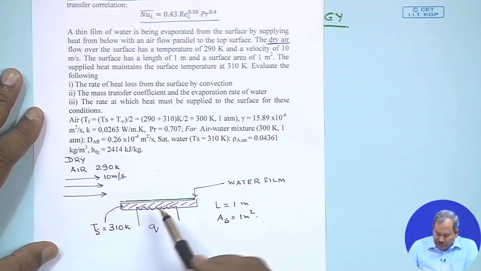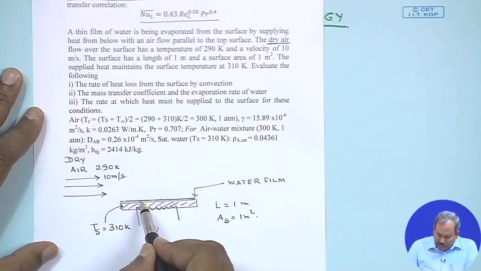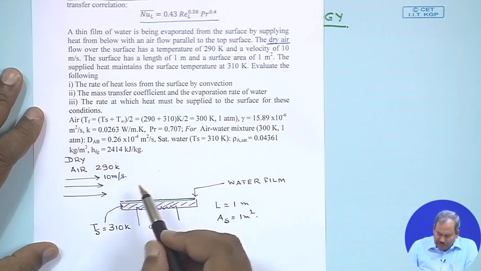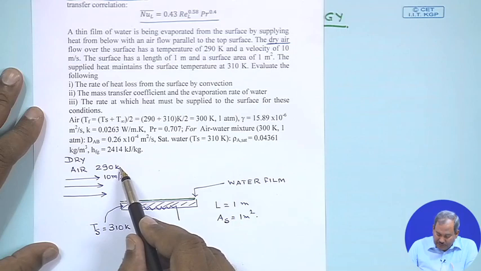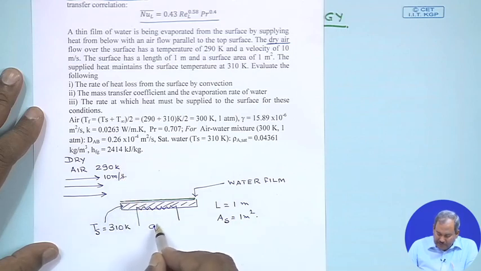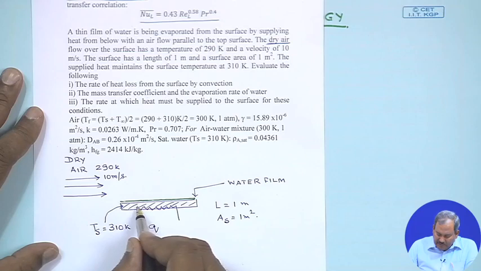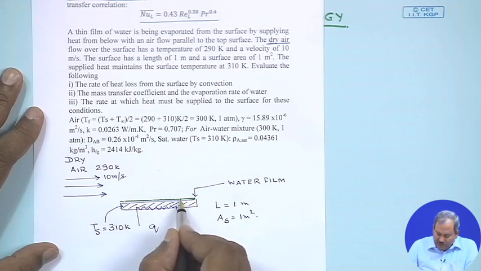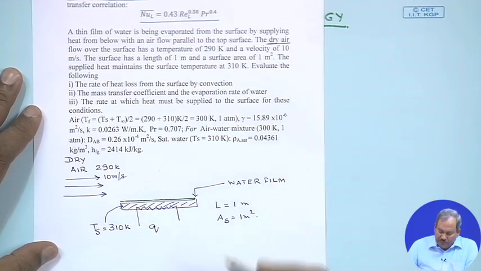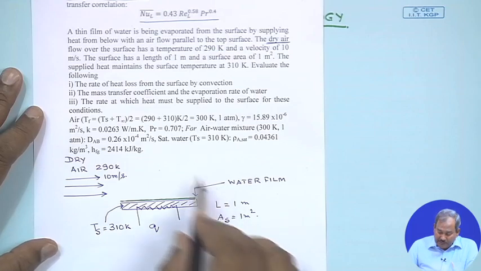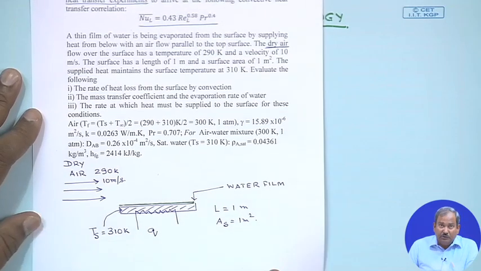So, you now have a situation in which water is going to evaporate into dry air flowing at 10 meter per second at a temperature of 290 Kelvin, and the supplied heat maintains the temperature of the solid plate on which the water film rests. There are three parts to this problem. We will solve each one of them, but this is what the system would look like.